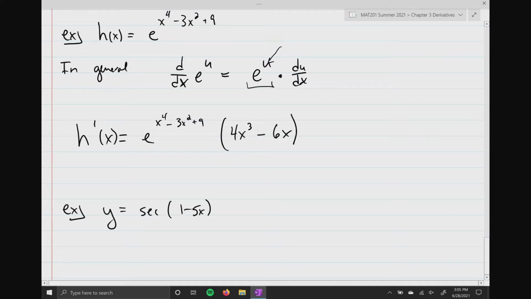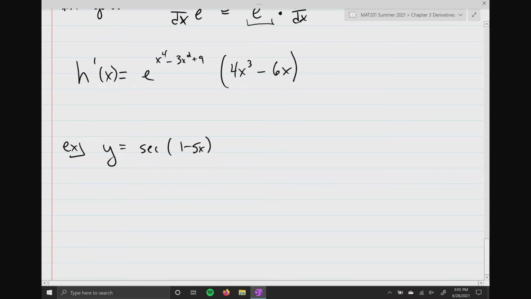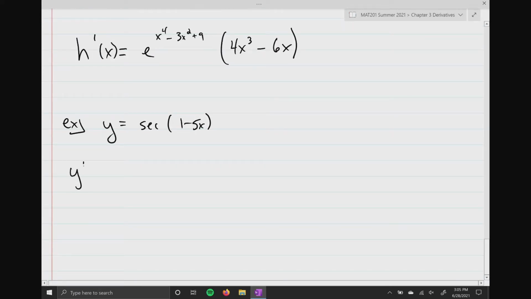Let's try the derivative of y equals the secant of 1 minus 5x. So if you remember, y prime is going to be, well, let me write it over here. The derivative of secant, just normally, is going to be secant x tangent x.